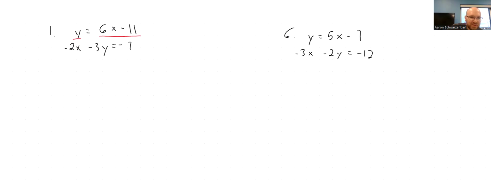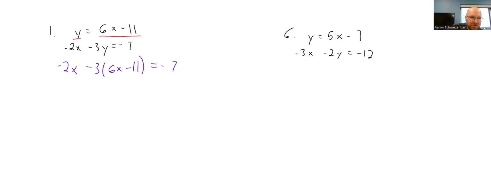So I will take my second equation, negative 2x minus 3y, and when I get a y, I will replace it with what y is equal to, 6x minus 11. This now gives me an equation with a single variable, just x, that I can solve for.